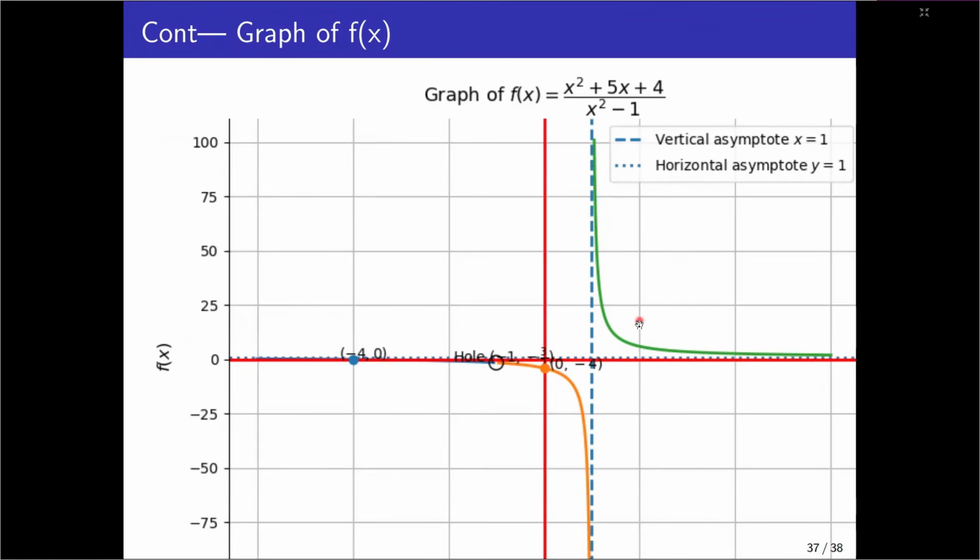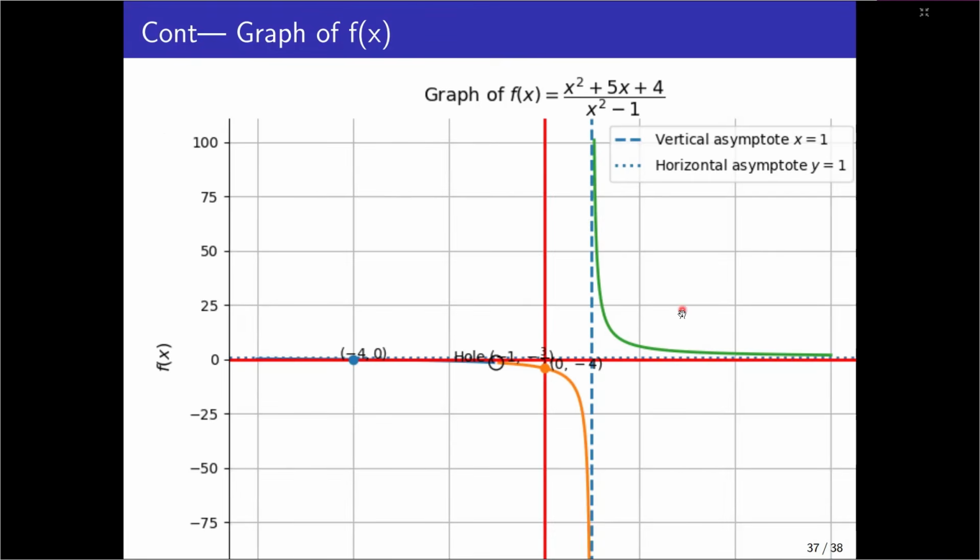And the property of the graph near the vertical asymptote: whenever x approaches the vertical asymptote from the right side, in this direction, the value of the function will tend to a very large positive number, that is, positive infinity.